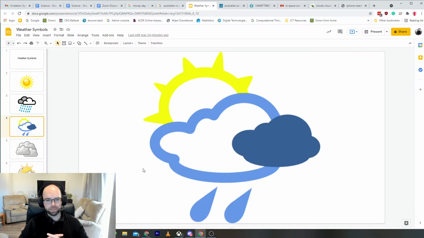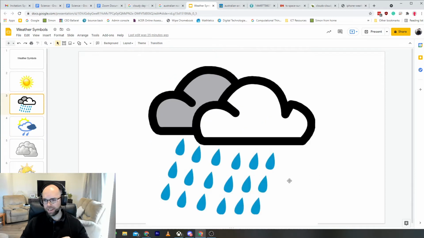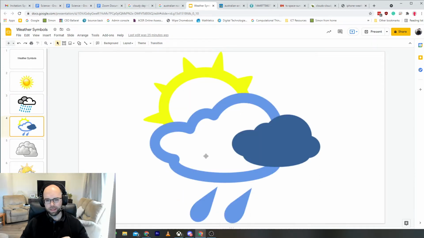Okay, this one's a bit different. We've got here, I think this is the sun, and the clouds, two clouds, and a little bit of rain, but not lots and lots of rain like this one. So I reckon this one is probably just some showers, or maybe a sun shower.